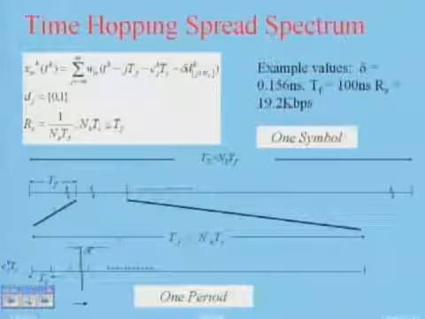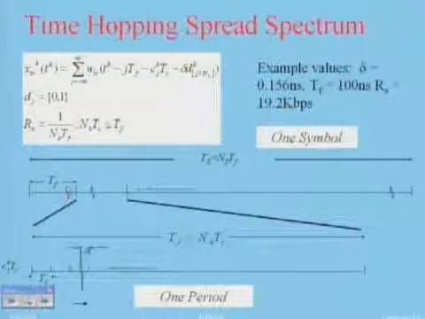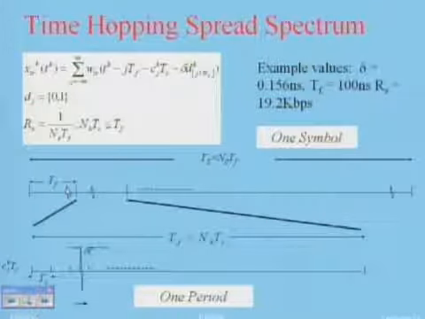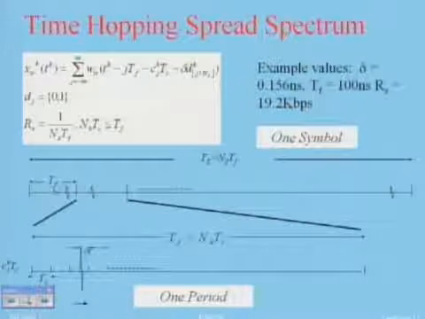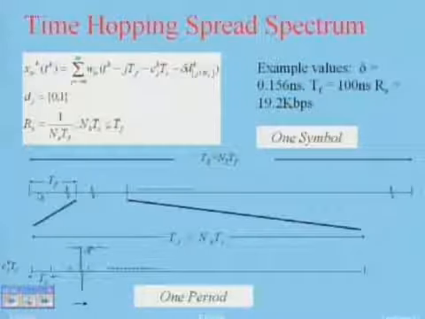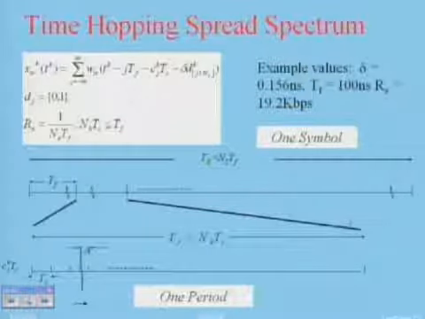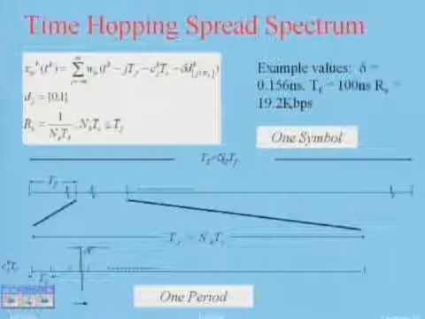To understand time hopping, I have these narrow pulses coming out of the bow tie antennas between transmitter and receiver. I take the time and divide it into Tf intervals. Tf is like 100 nanoseconds. Every 100 nanoseconds, I send a pulse, and I repeat this pulse over and over, Ns times.